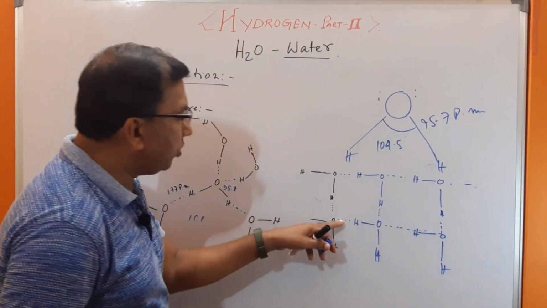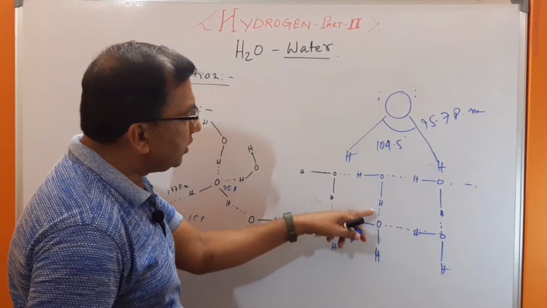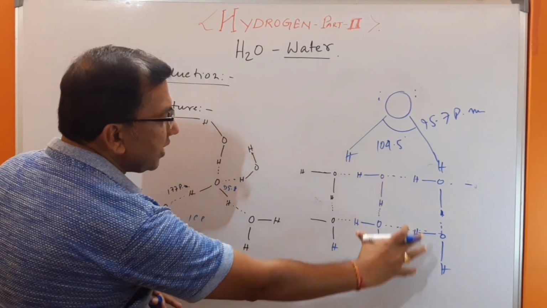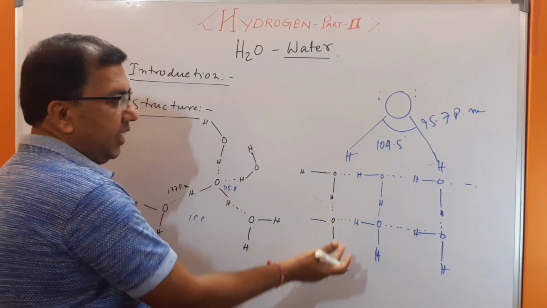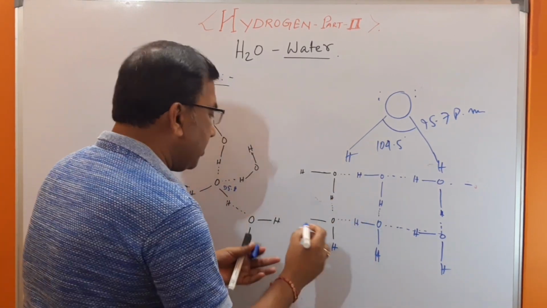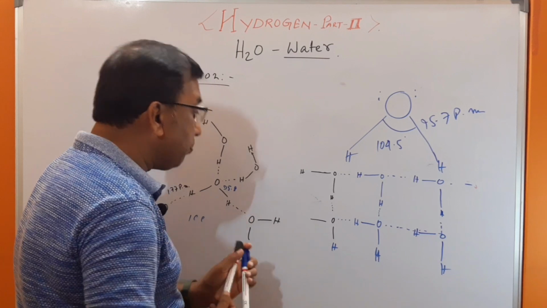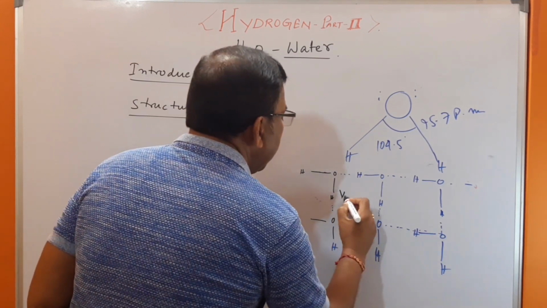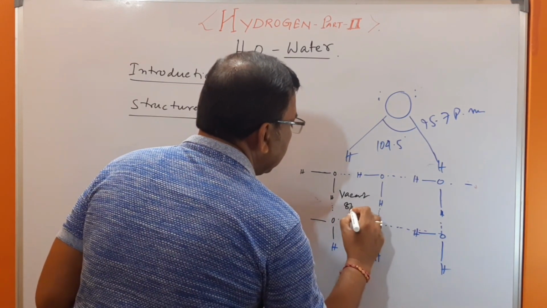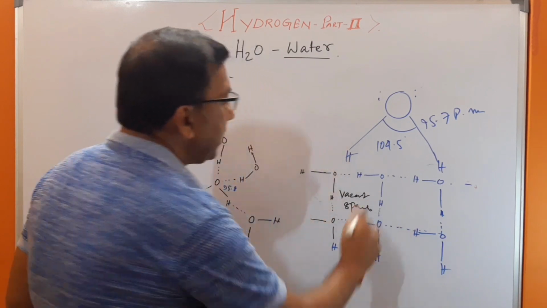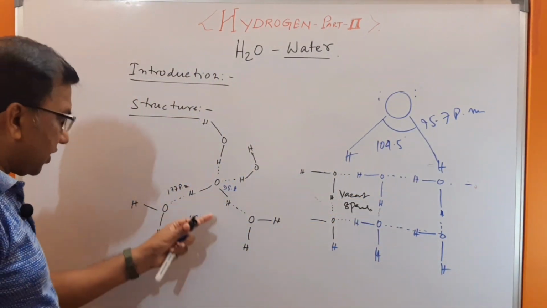So this is hydrogen bond, this is hydrogen bond. This is a cage-like structure of ice, and this is the vacant space. This is the structure of ice.